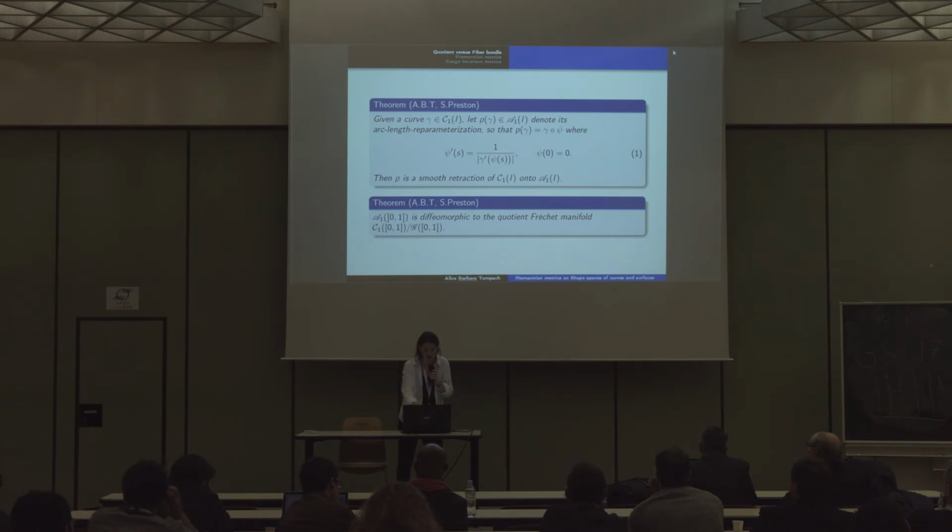I have to say, usually this quotient space is a manifold when you restrict yourself to free curves, where the group of diffeomorphisms acts freely.